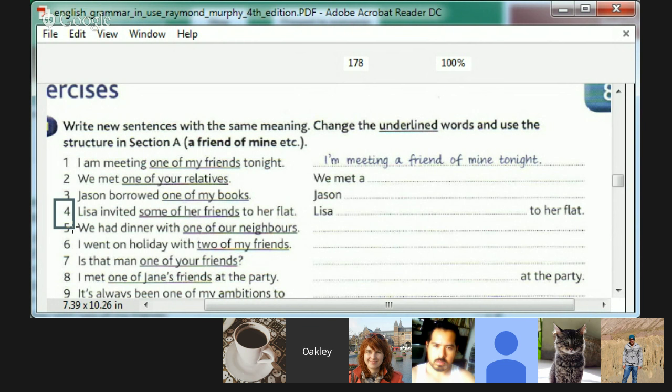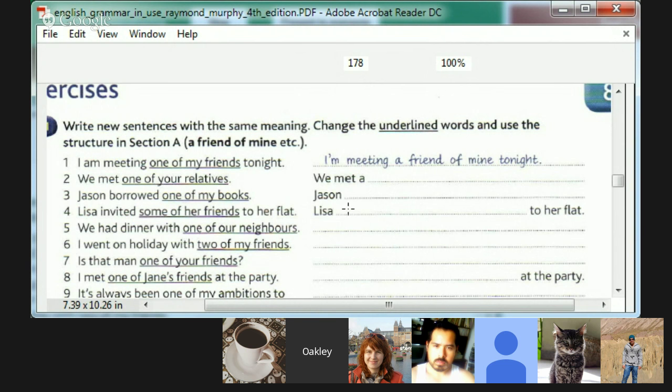Okay, Daniel. Number 4, please. Lisa invited some of her friends to her flat. Or friends of hers to her flat. Yes, you can still include the quantifier some.